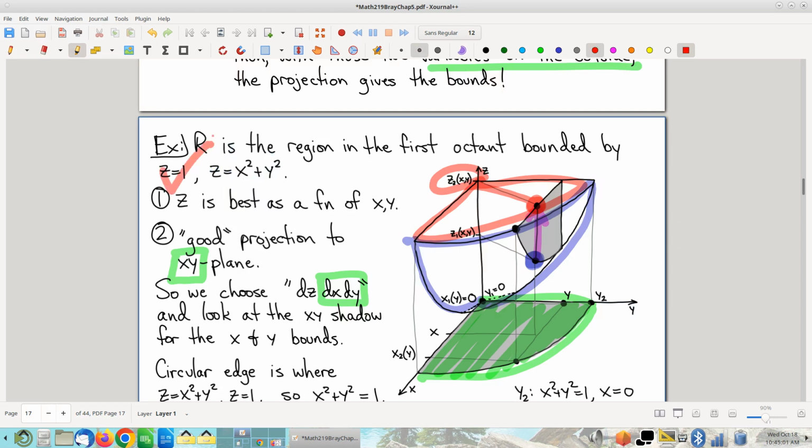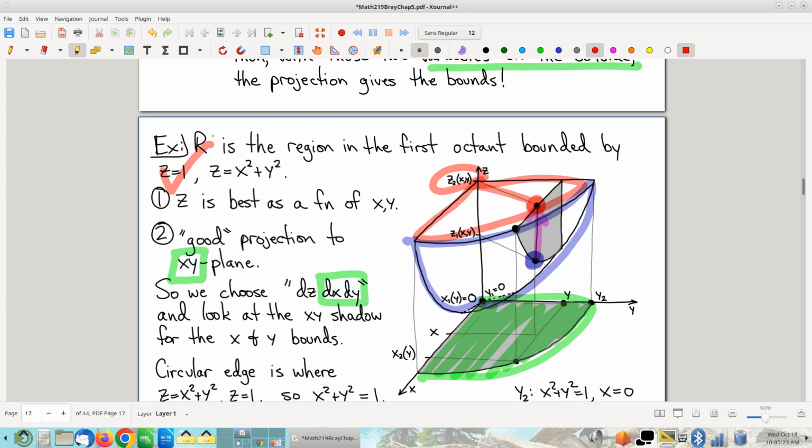In this case, about as desirable as you could get. It's a constant. So this is what I mean when I say that we have a good projection. The shadow looks fine. The lower bound surface is always the same. The upper bound surface is always the same.